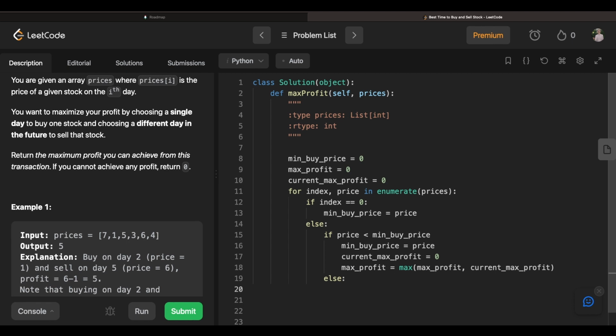Right, so if the price is not less than the min buy price, so it's greater than or equal to it, then what do we want to do?